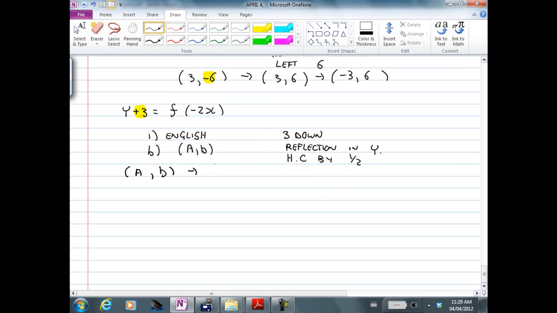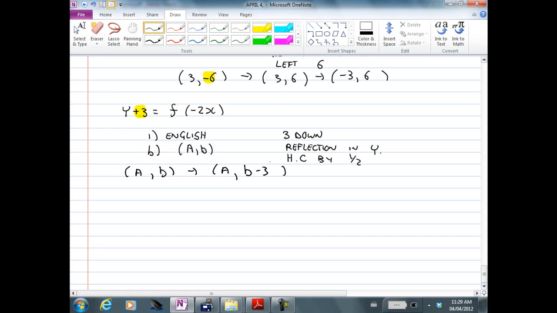I'm going to go 3 down first. It'll be A, comma. Wait, Mr. Dom, does your order matter? It does, but not now. I made sure this question is not affected by it. I did a reflection first. So it'll be B minus 3. Because down 3 means really going down 3, whatever B is. I don't care. Plus 3? Nope.